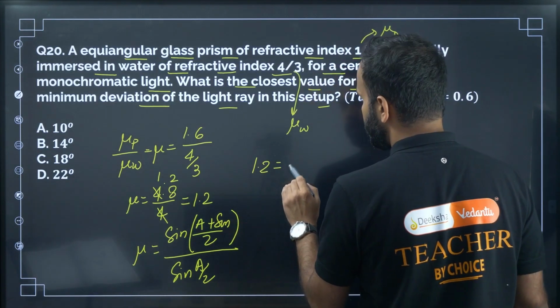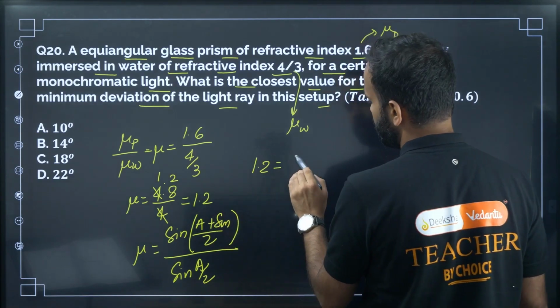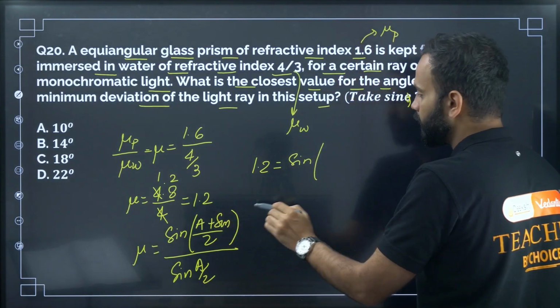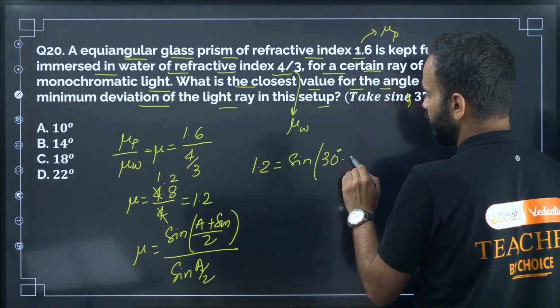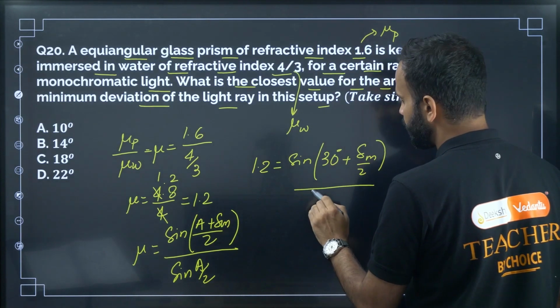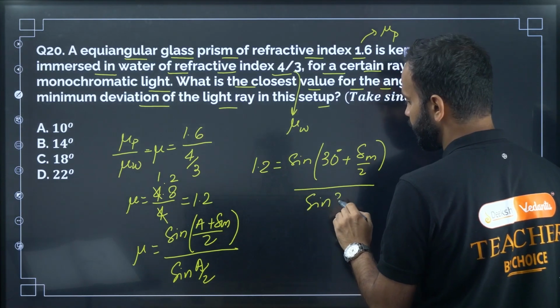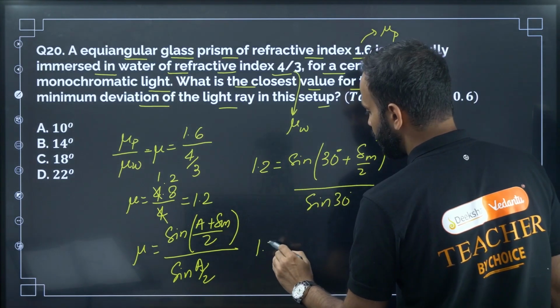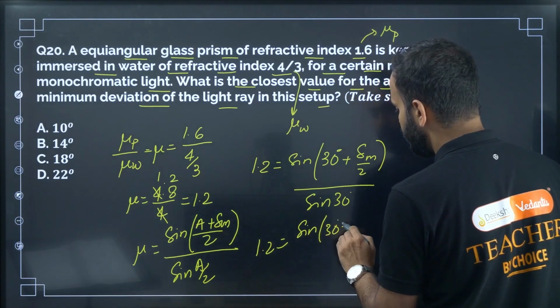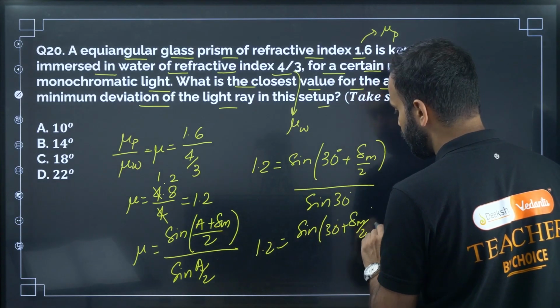So 1.2 is equal to sine of (30 degree plus delta m) divided by 2, whole divided by sine 30 degree.